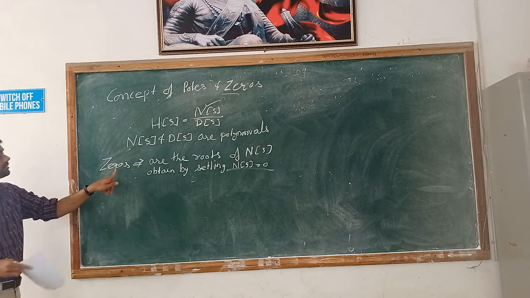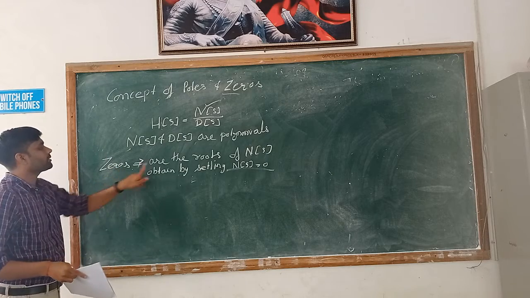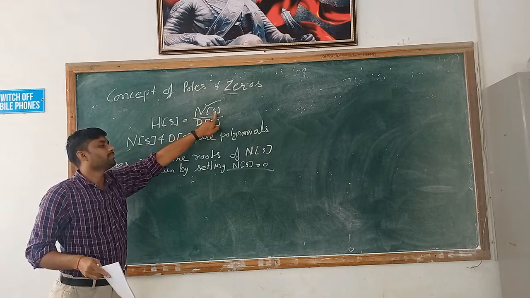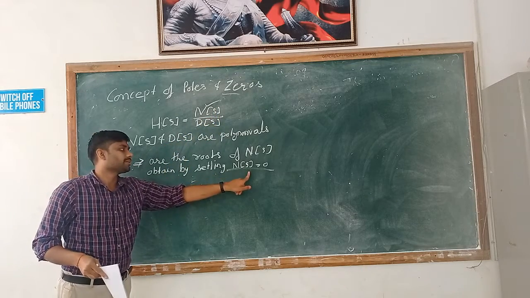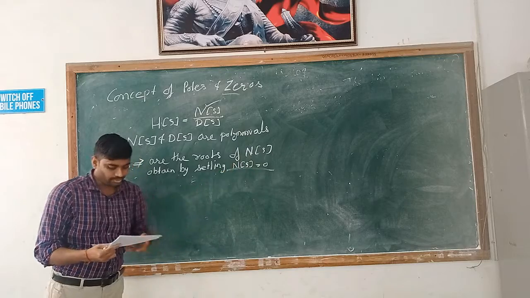So how are we going to get the zeros? The zeros are the roots of the numerator N(s) when we set N(s) equal to 0.